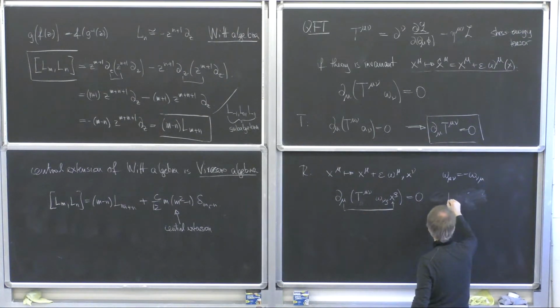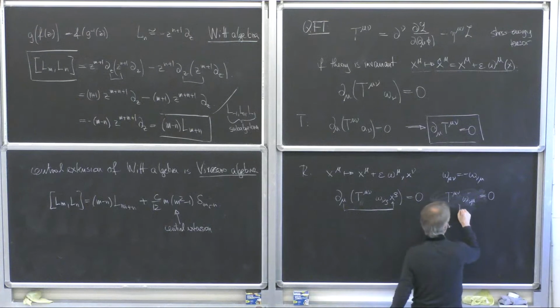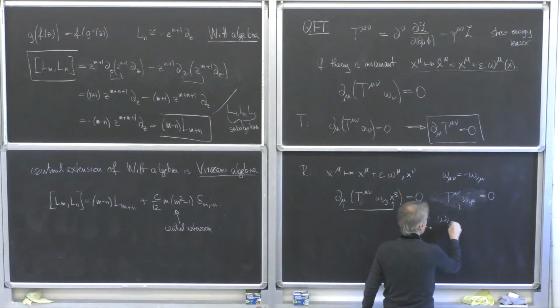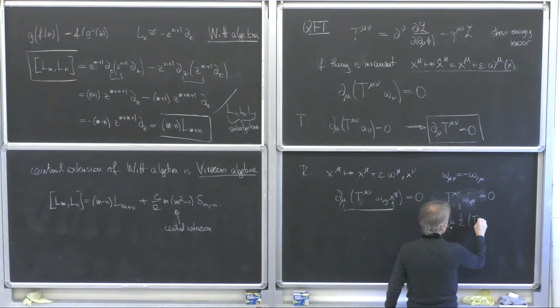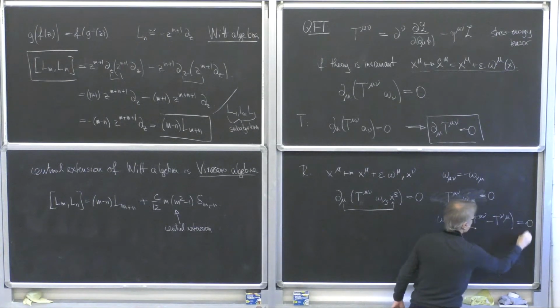So T^μν ω_νμ is equal to 0. But because ω_νμ is antisymmetric, I can write this as ω_νμ times a half times (T^μν minus T^νμ), and this must be 0.